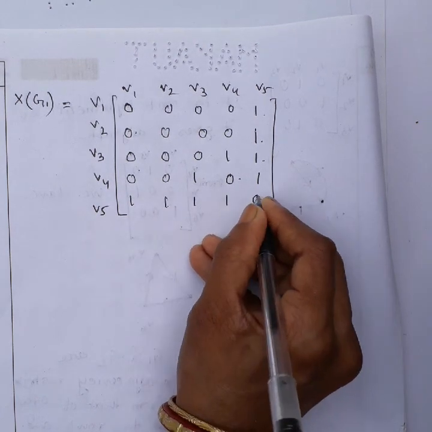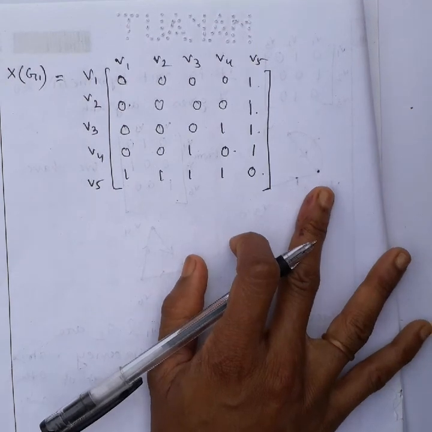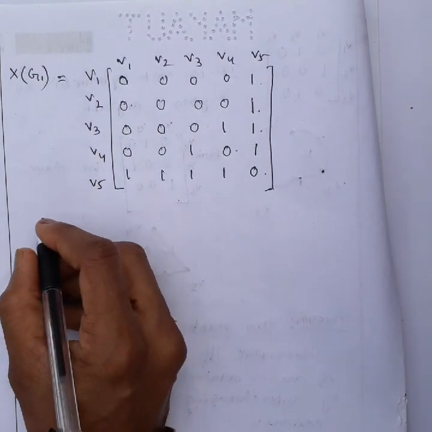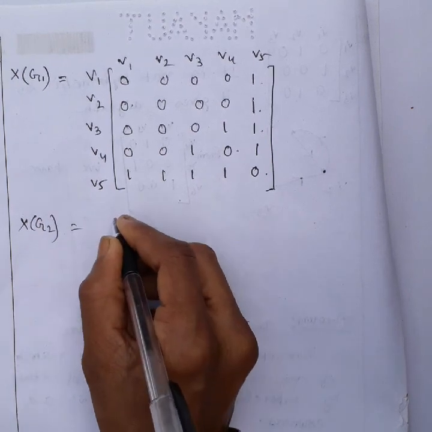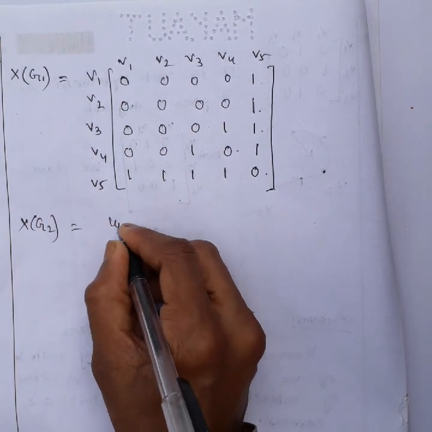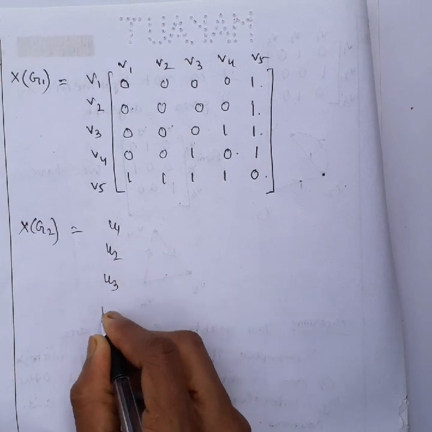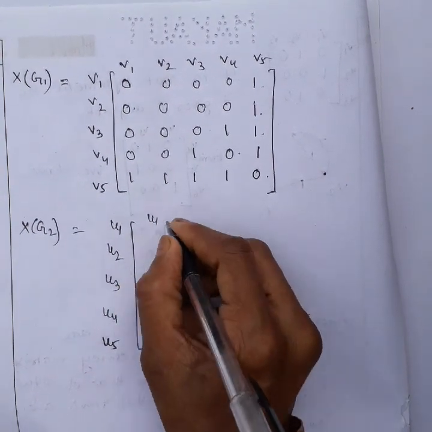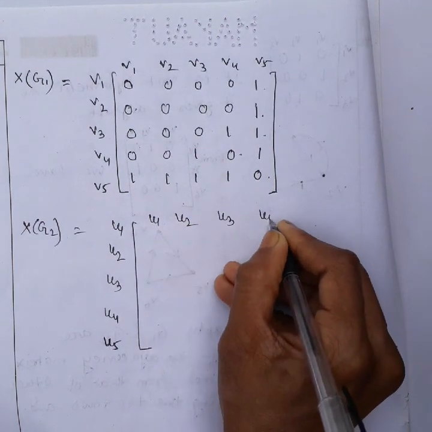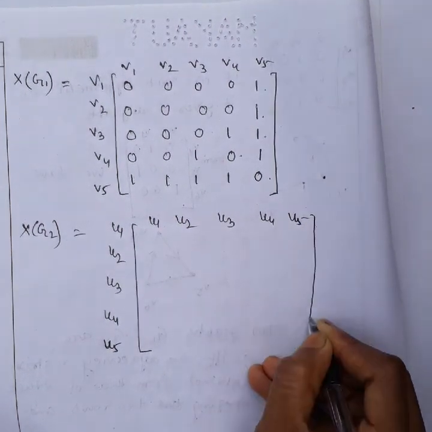So this is the adjacency matrix of G1, and G2 is this, with U1 to U5.